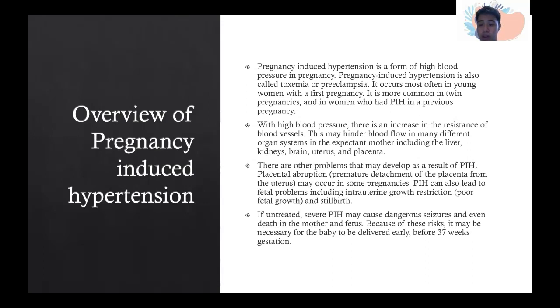It occurs most often in young women with a first pregnancy. So it is more common or happens often to younger women who are having their first pregnancy. And it is more common in twin pregnancies and in women who had PIH in previous pregnancy.